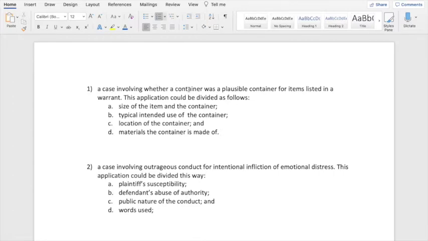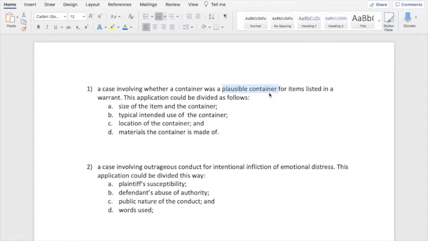So here we have, let's say, a case regarding whether a container is a plausible container for the items listed in the search warrant. So police can only look inside a container if it's a plausible container for the items listed in a premises warrant.